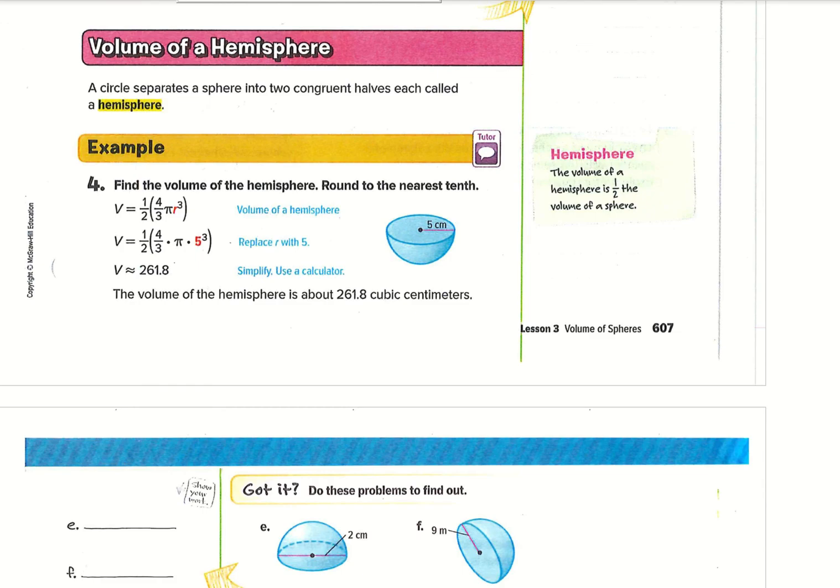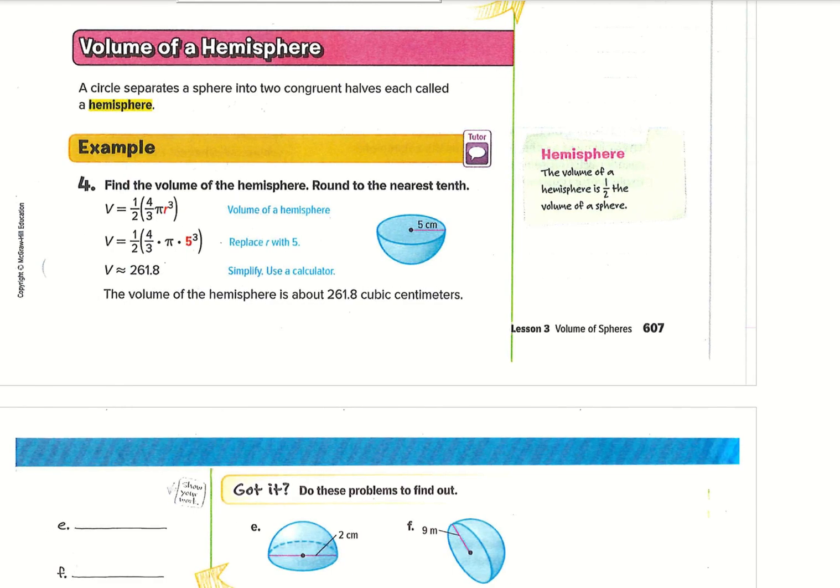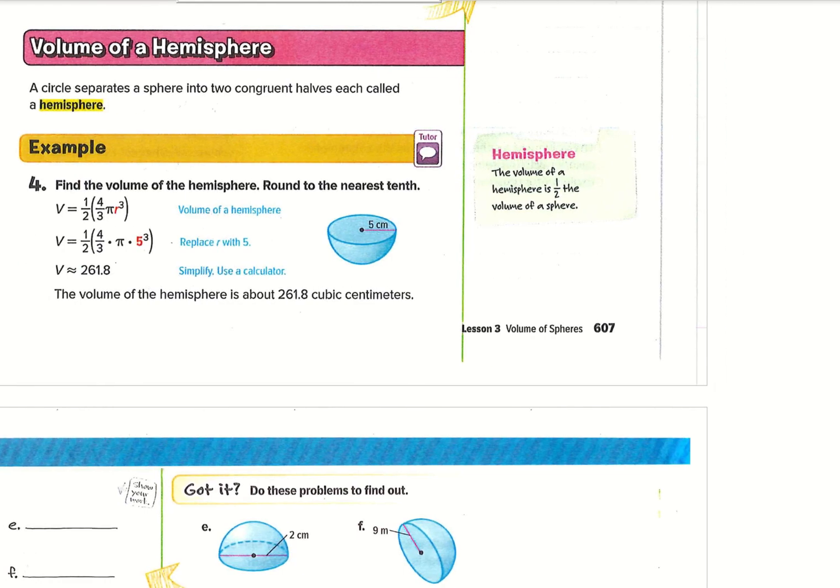All right, so this next problem and our final problem is for a hemisphere. A hemisphere is basically the same thing as a half sphere. If you want to write that down, that's not what they put in their own definition, but that's the easiest and most simple way to define it: it's going to be like half of a sphere.